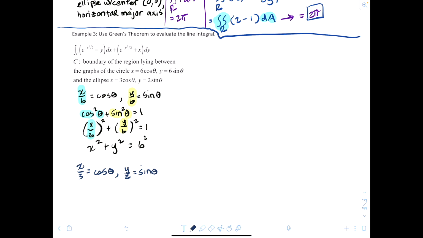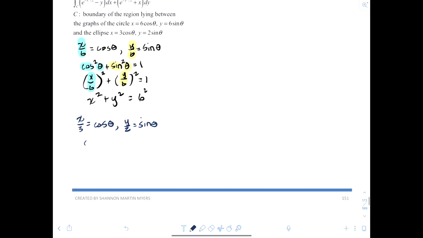So then, similarly, cosine squared theta plus sine squared theta is 1. So we would have x over 3 squared plus quantity y over 2 squared equal to 1.